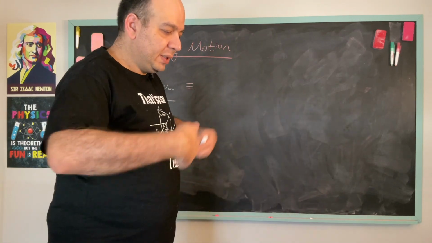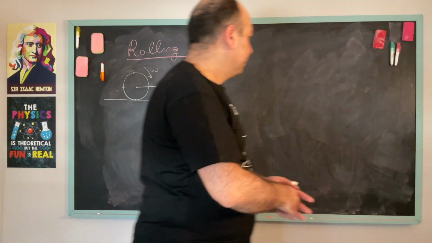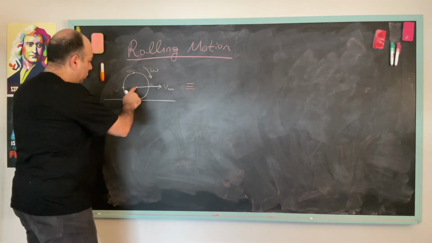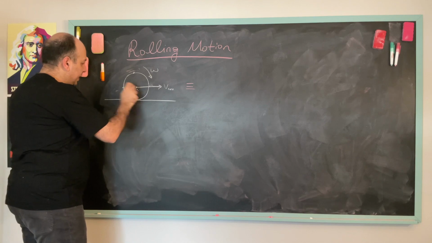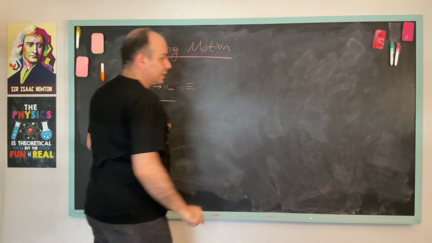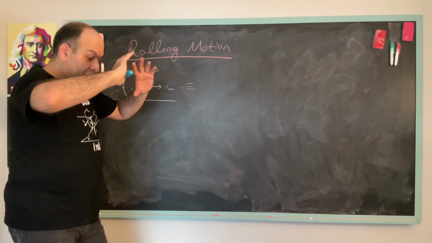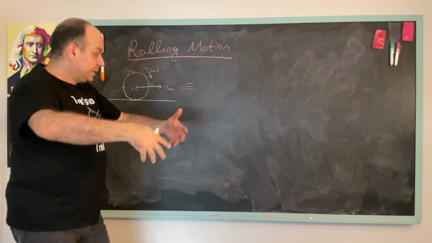They rotate about their center of mass, but their center of mass is also moving forward. So if we call this point our center of mass, what happens in the rolling motion is the center of mass moves forward, right? This is the translation. But at the same time, the whole object, the rigid body, rotates about the center of mass.